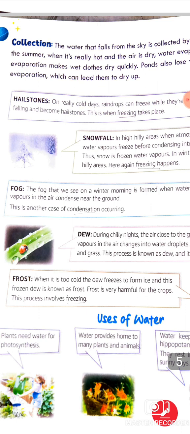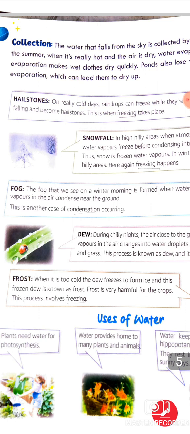Frost: when the temperature is very cold, then the dew, which you have learned previously, that dew are the droplets of water which condense on the grasses or leaves. Then the dew freezes to form ice around these leaves.